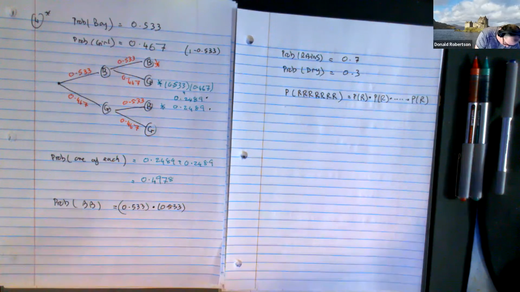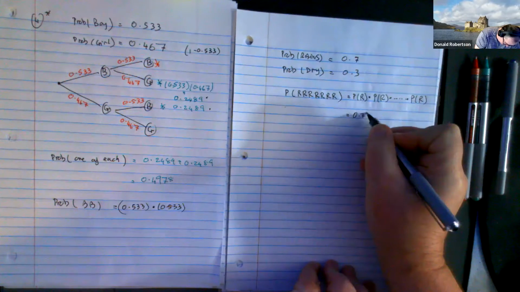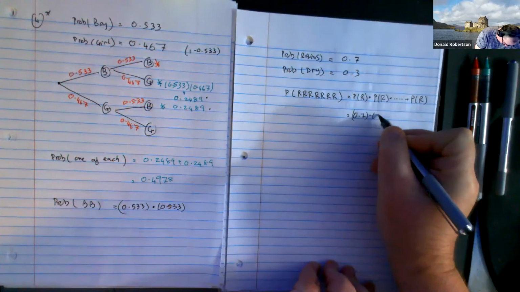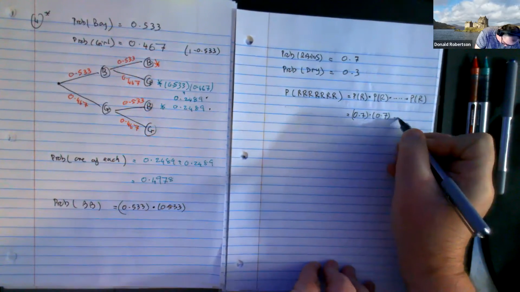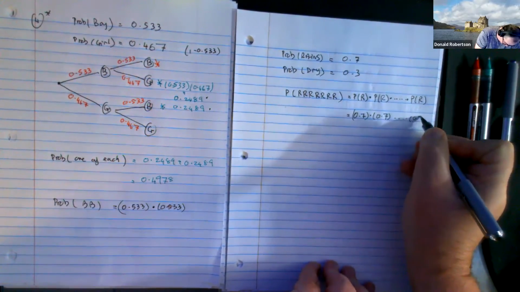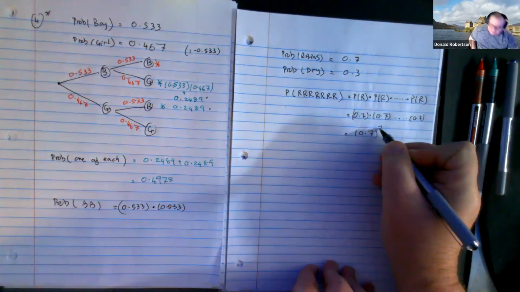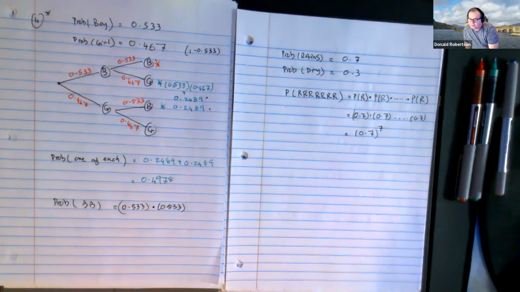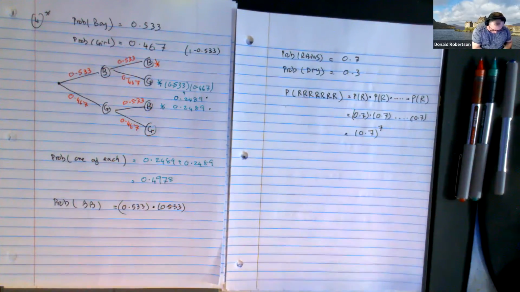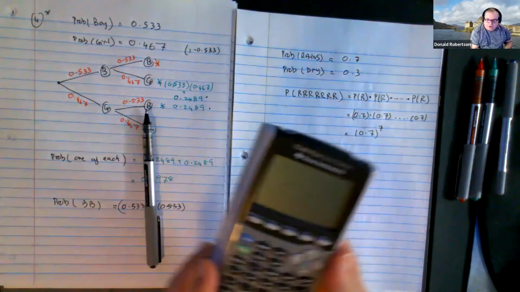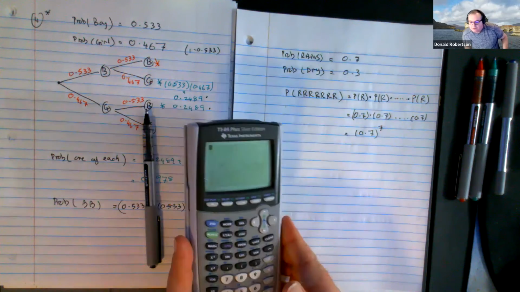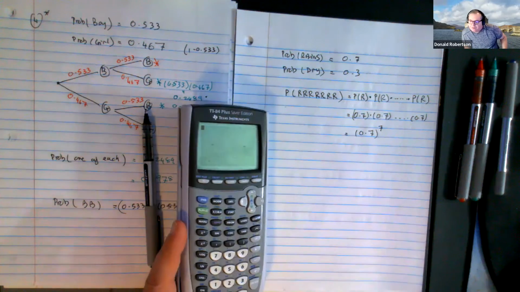And so you could go 0.7 times 0.7, right? And you could do it 7 times. In mathematics, we have a little guy that looks like that. Isn't that the short way of saying 0.7 seven times? And that makes it easier. I'm about to do that calculation. Do you think it's going to be less than 50% of the time, less than 10% of the time, or less than 1% of the time?